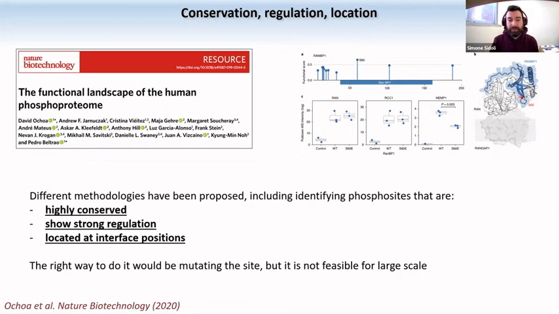They look for phosphorylation events that are more conserved across organisms. They look for the ones that show the strongest regulation in the various data sets when you treat the cell, or that are located at interface positions. There are modifications that are not nested in the core of the protein but are in a region that can potentially interact with other proteins.